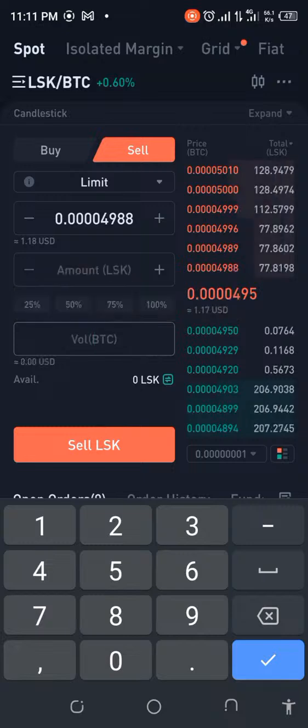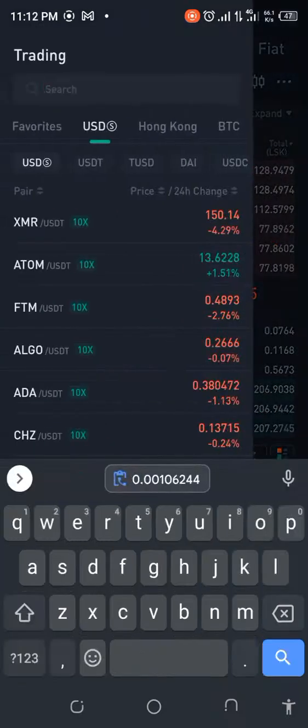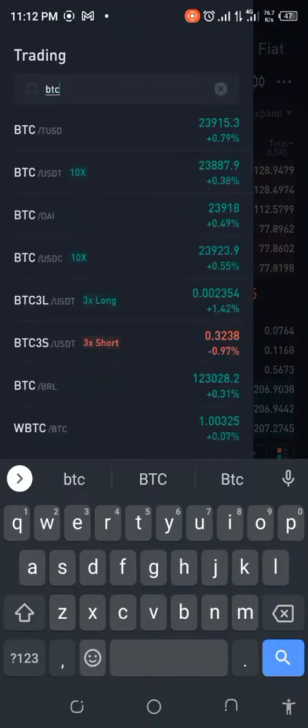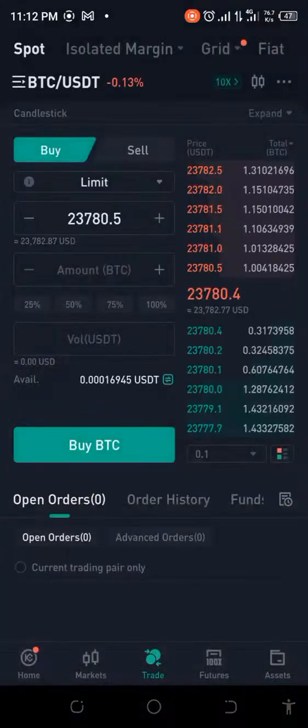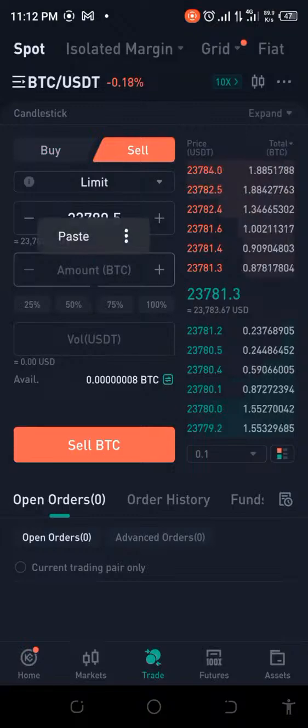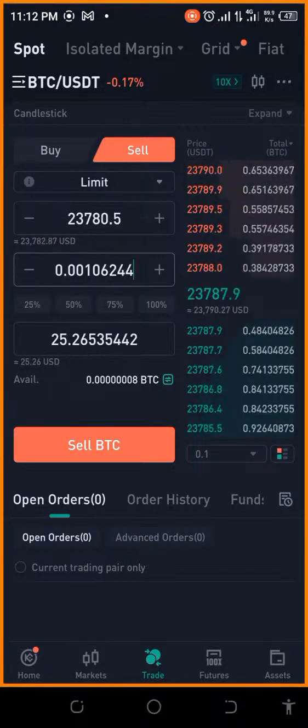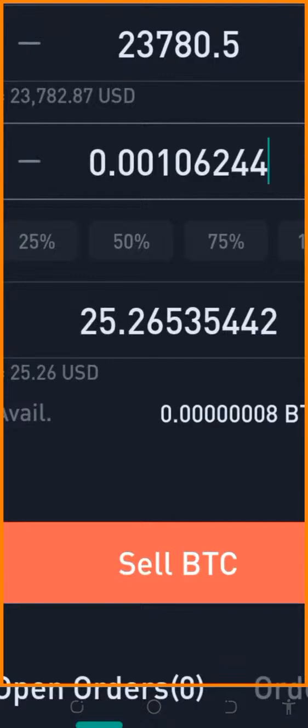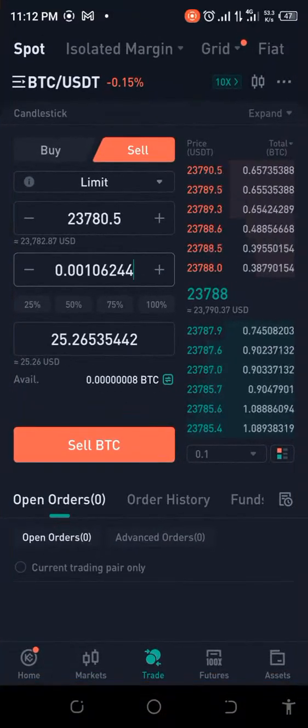If I cut that and I go to BTC/USDT and try to sell it off, you can see that right here it will be 25.26. But don't forget, I'm still going to send this back. I'm going to transfer this to TRX and send it back. So all of these things eat into the profits.